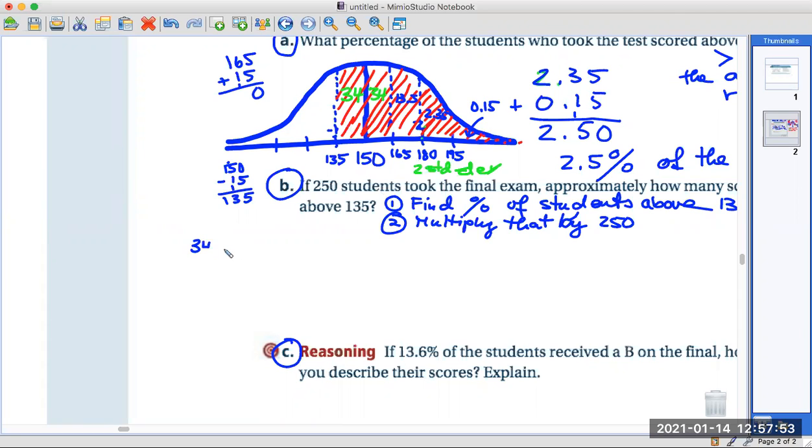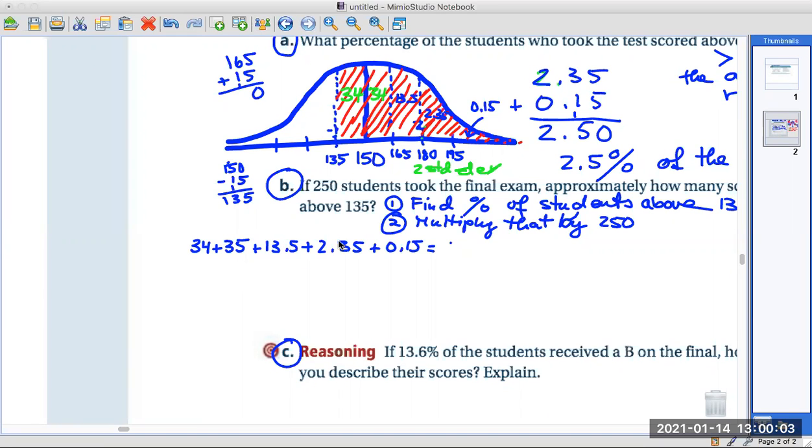Use a calculator if you want. 34 plus 34 plus, I'm adding up all these areas, plus 2.35 plus, am I making a mistake? I hope not. And now using a calculator, I'm going to grab one. By the way, I just noticed there's a mistake. Now here's the deal.